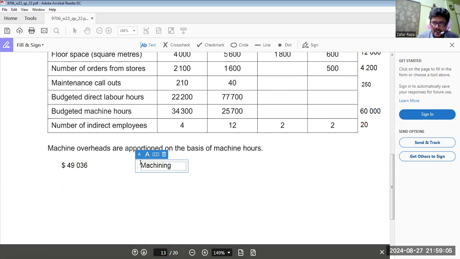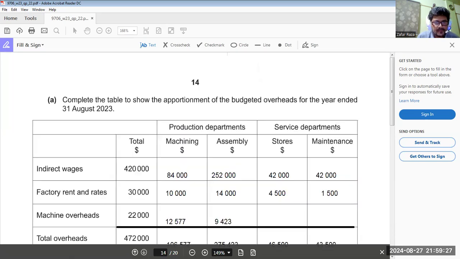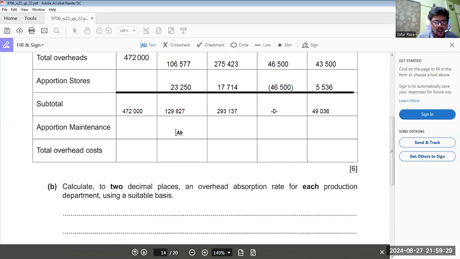For machining, total call outs 210. First cost 49,036 multiplied by 210 divided by 250. So that would be 41,190.